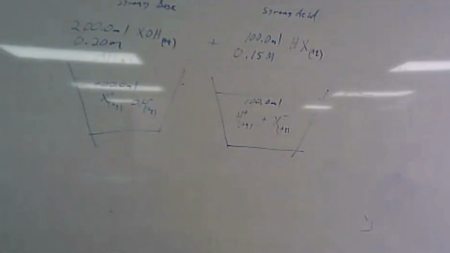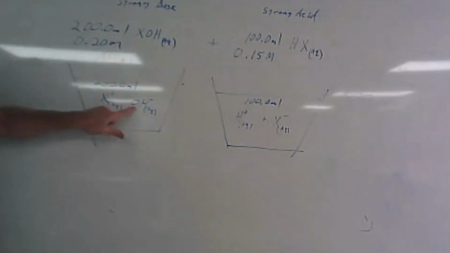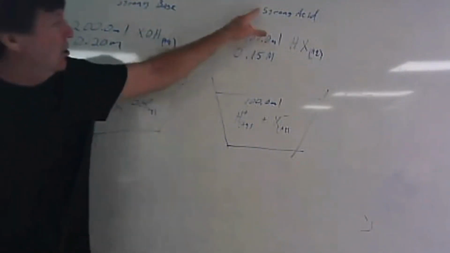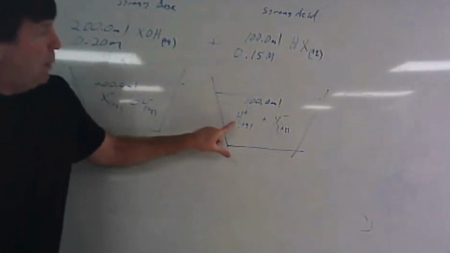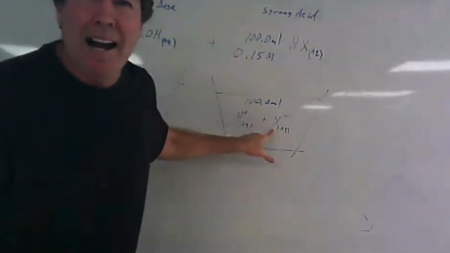What if I ask for the pH of both solutions? Even though we're dealing with XOH, I know this is a strong base, so I know these are ionized 100%. Here's a strong acid, so H positive, X minus. X could be Cl minus, I minus.